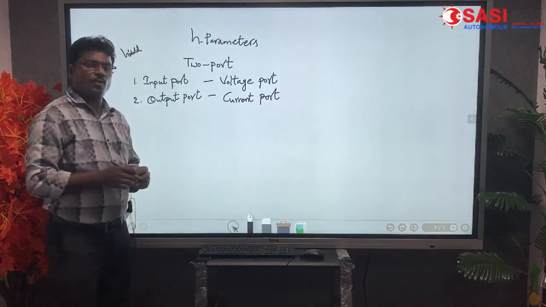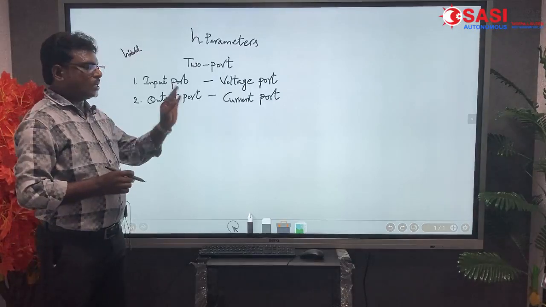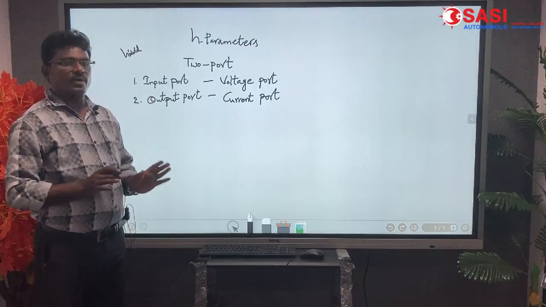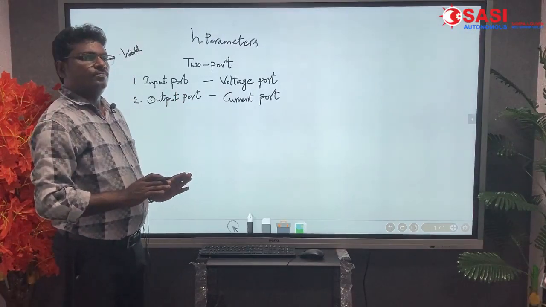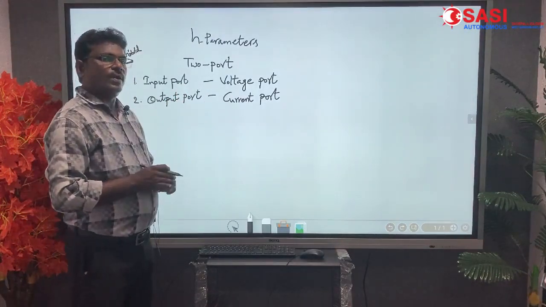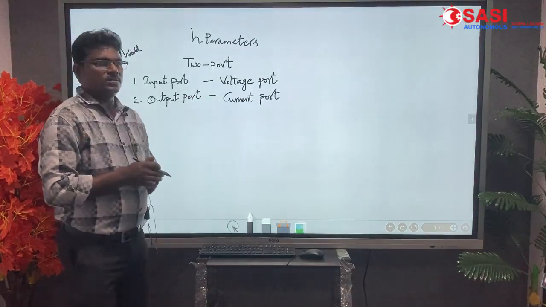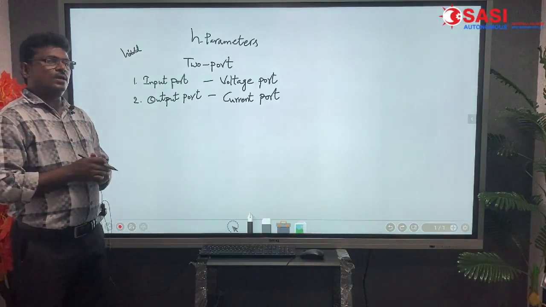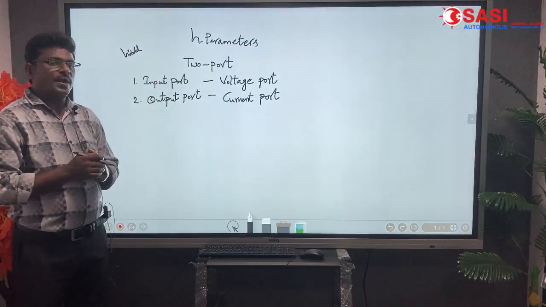Here the names are important, because in the input port only voltage is available, and in the output port only a current source is available. So these ports are designed as a circuit that is called a two-port network.